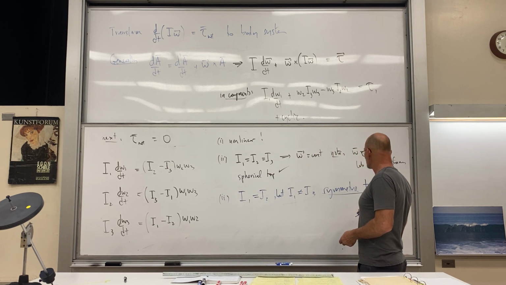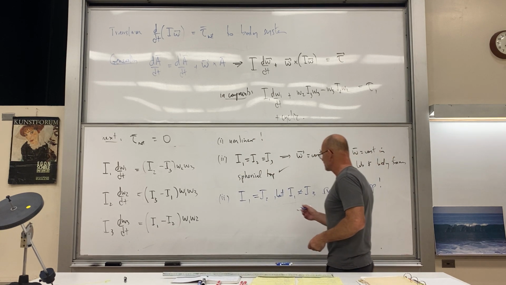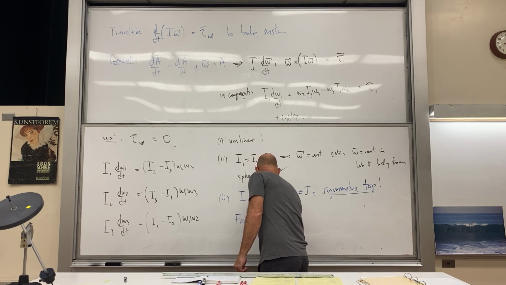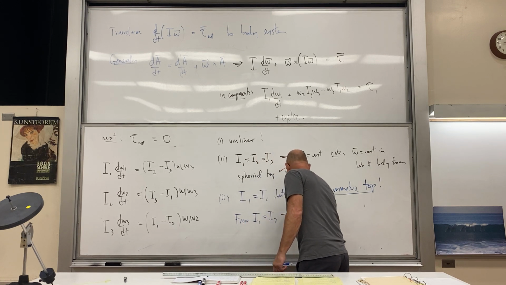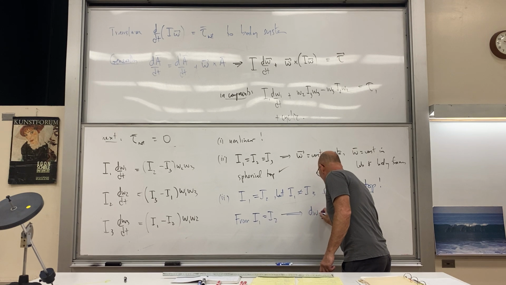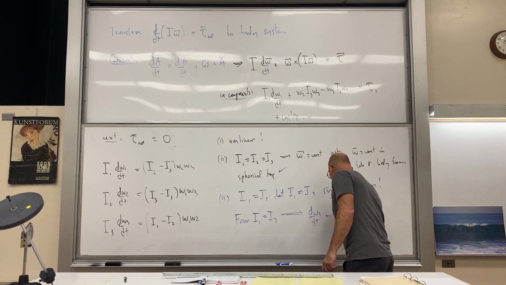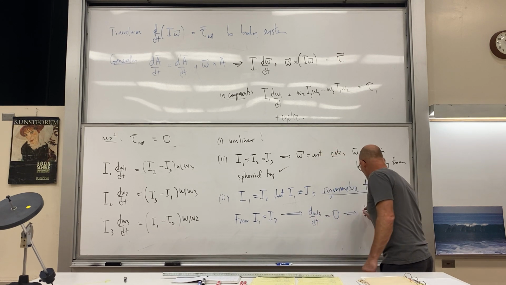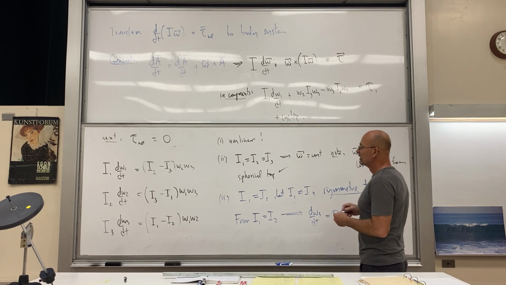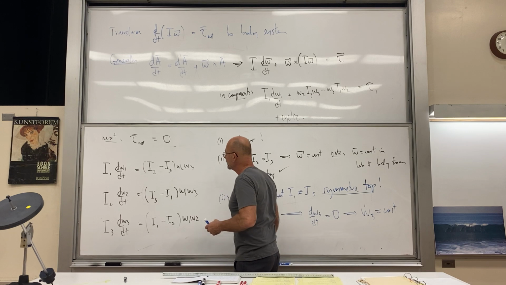So this case is really good. So from I1 equals I2, we obtain d omega 3 dt equals 0, and then we get omega 3 is equal to a constant. So we're going to rewrite these with that in mind.